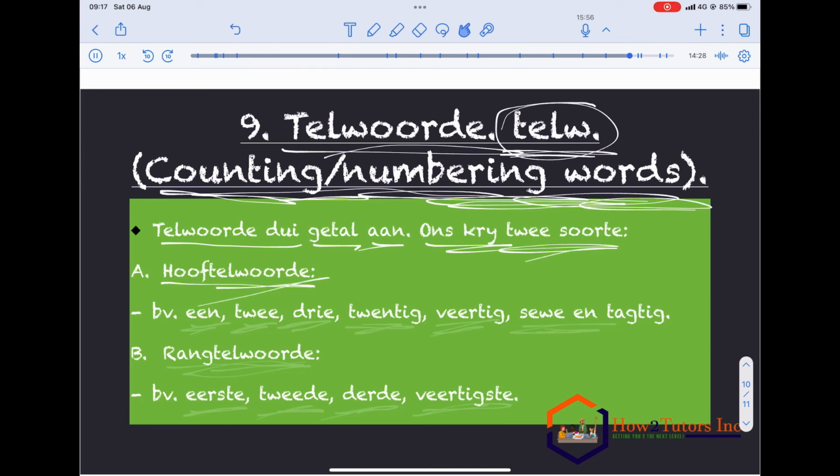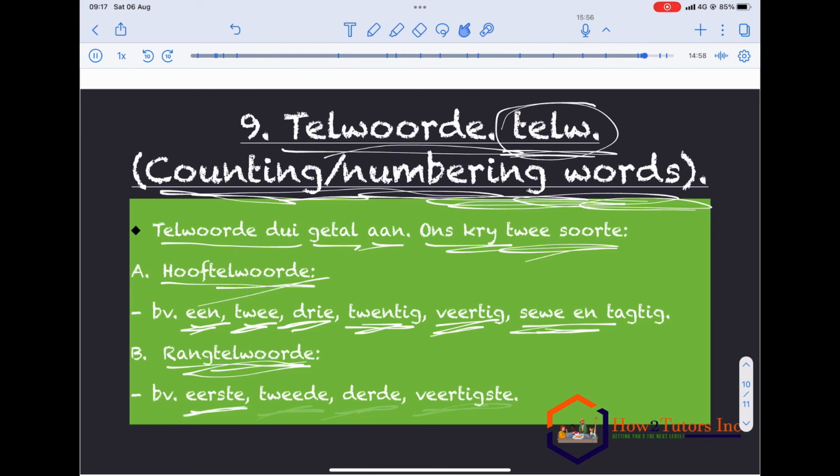Hooftelwoorde, your main counting words, byvoorbeeld 1 is 1, 2 is 2, 3 is 3, 20 is 20, 40 is 40, 87 is 87. Kom ons gaan aan. Reg, die laaste een is rangtelwoorde.